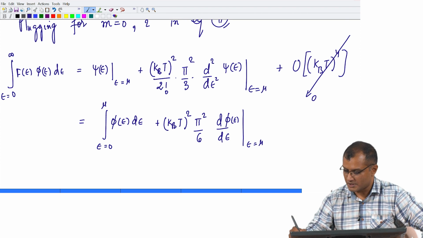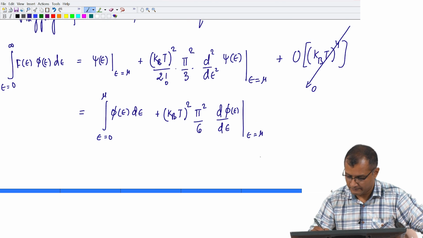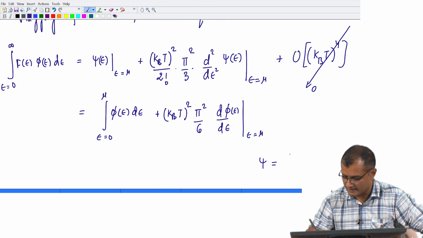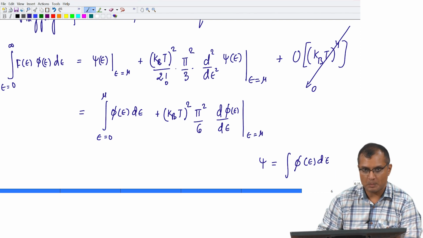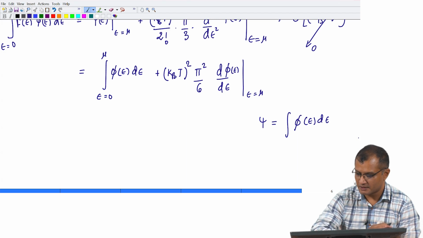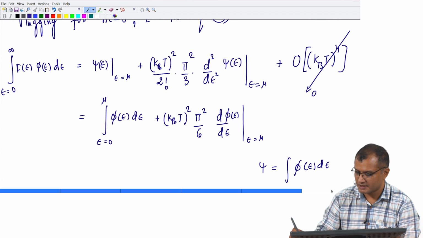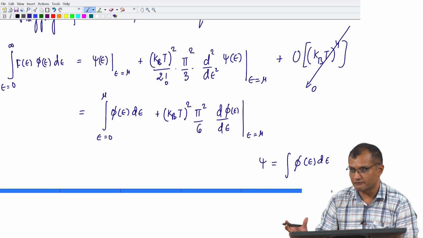Okay, because our function psi is just the integral. Okay. So, when you take the double derivative of psi, it is equivalent to taking a single derivative of phi.